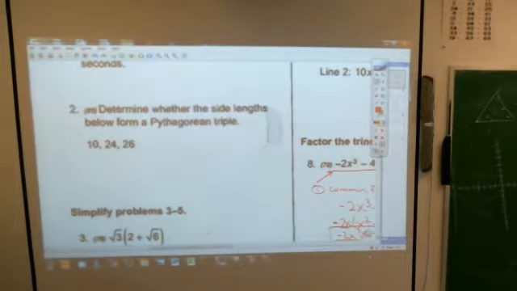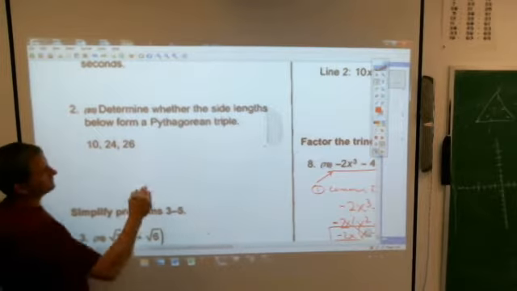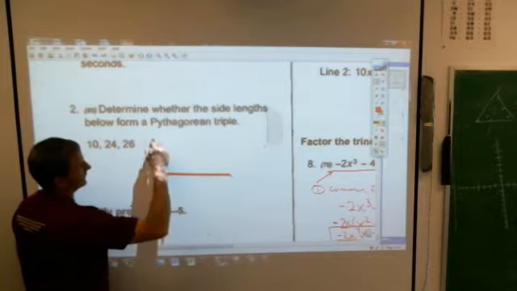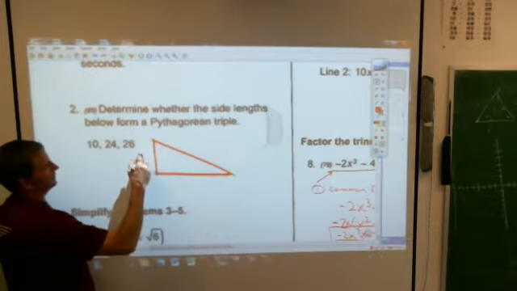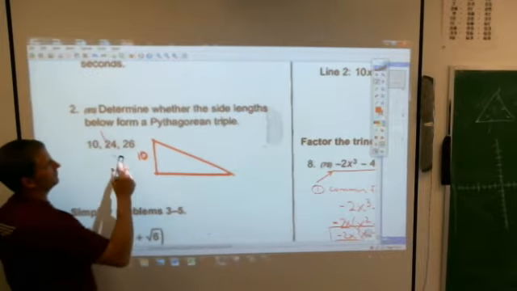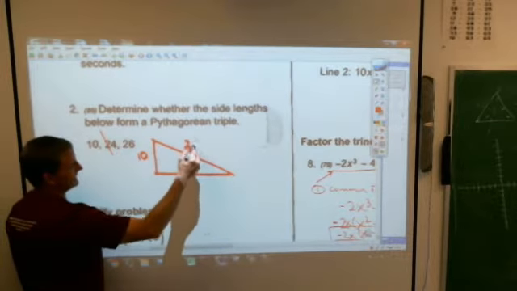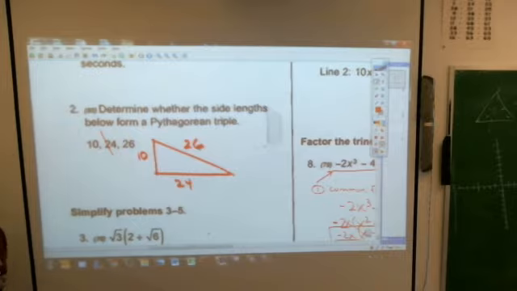Boy, oh boy, oh boy. I suppose here's what I would do, Jaden. If it were me, I would draw them a triangle and label the lengths just to see. I know the shortest side was 10, the mid side is 24, and the hypotenuse is 26. At which point I would look at my little triples list and see if one's there.